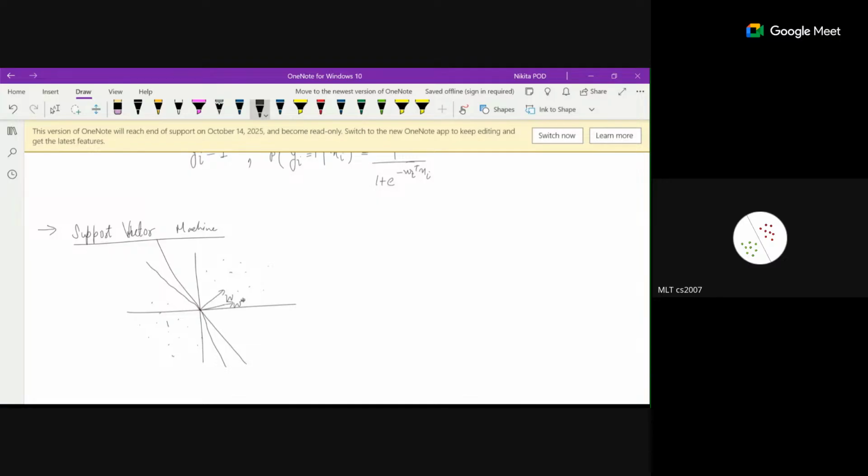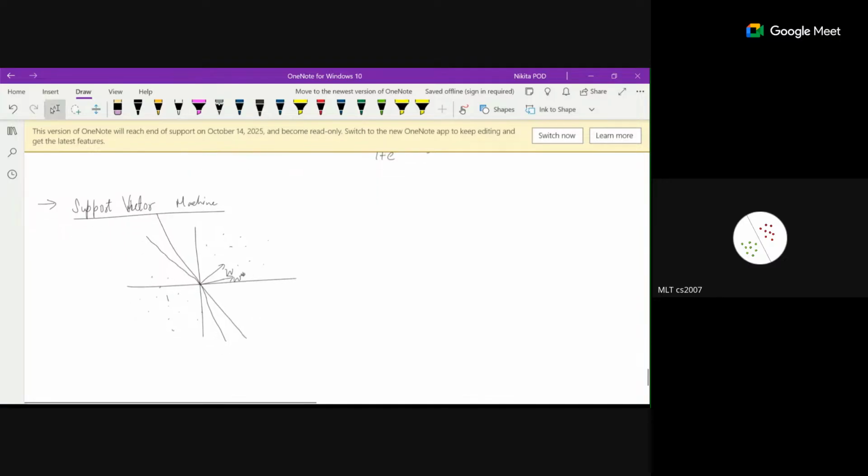So what is the question here now? We are looking for the W which will give the maximum margin, gamma. So the question is to maximize this margin gamma with respect to W and gamma, subject to the constraint W transpose xi yi greater than or equal to gamma for every i.